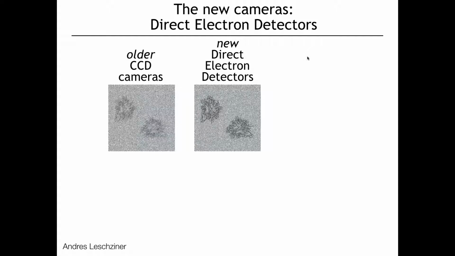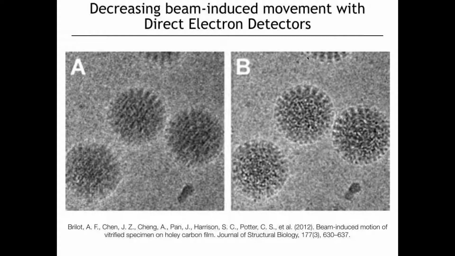So these are the older CCDs, which have poor detective quantum efficiency and are also corrupted by image movement. These are the newer direct electron detectors, which allow you to record much crisper, much nicer images.